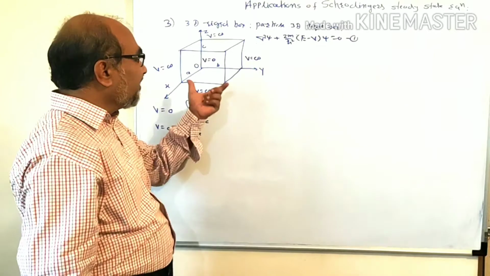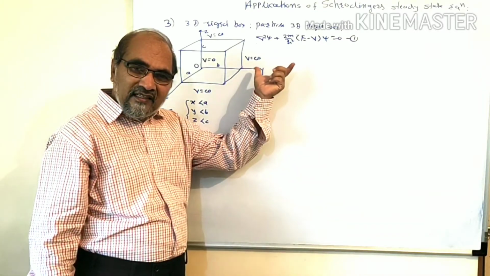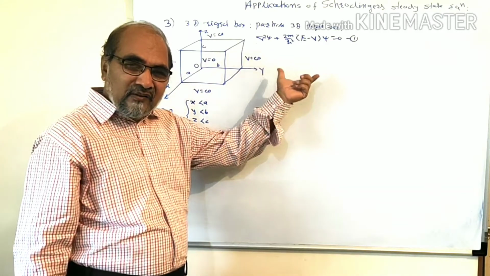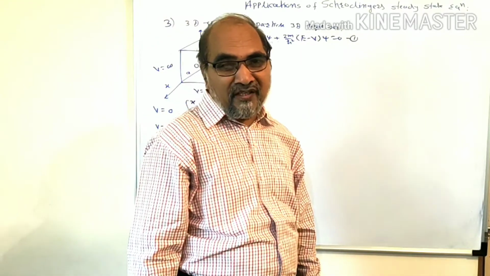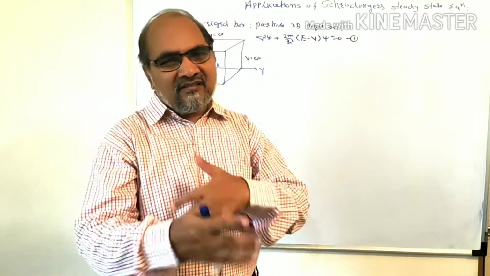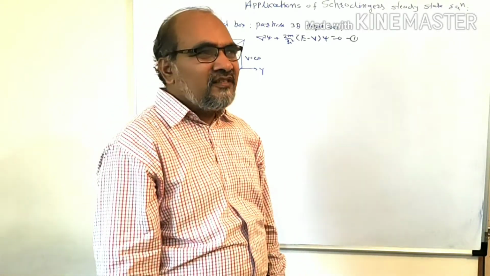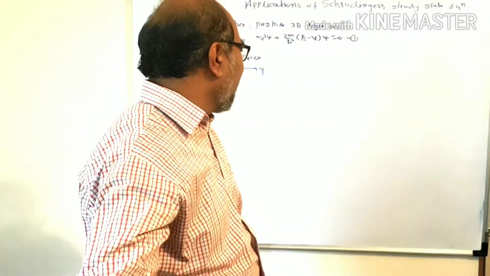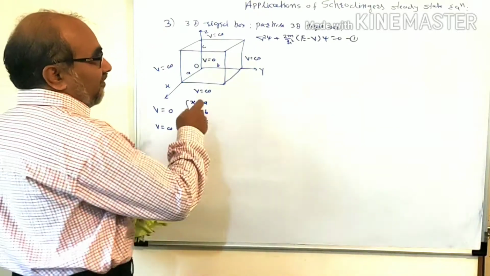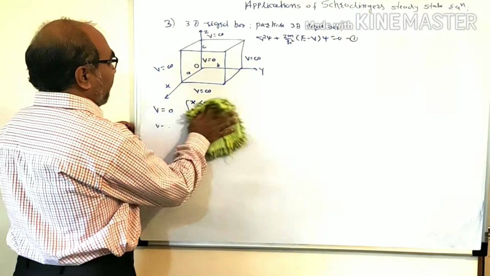One is the rigid box concept, another is to find the energy eigenvalue, and the third is to find the corresponding eigenfunction. From the energy eigenvalues and eigenfunctions we will see the concept of degeneracy.